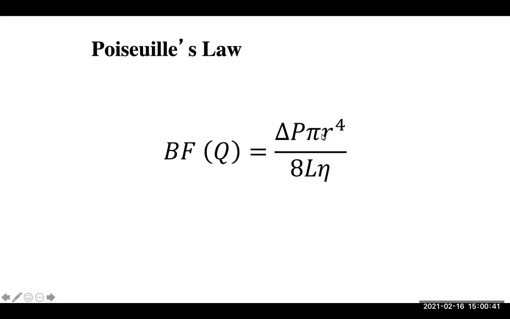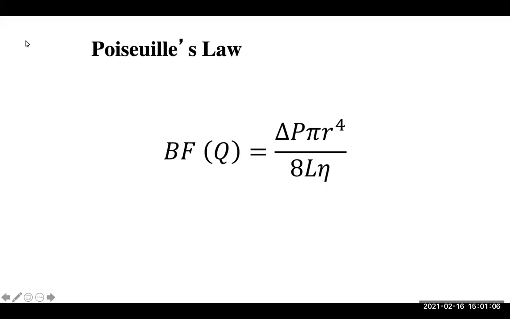The radius, which is on the top: when the radius increases, the flow rate will increase as well. That just goes back to the diameter of the tube. If this is the diameter when vasodilated, and this is the diameter when vasoconstricted, obviously you've got a lot more space, right? Surface area for the blood to travel through. So when you have a larger radius, the flow rate will increase.